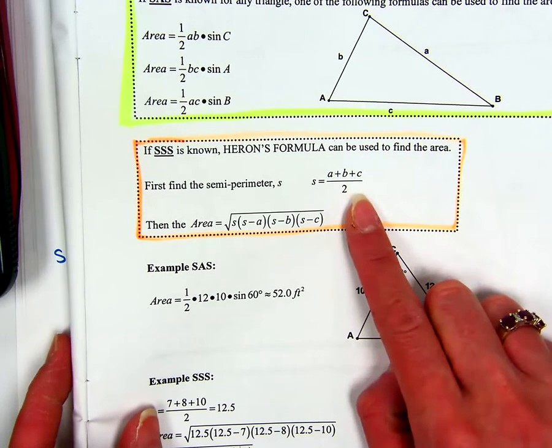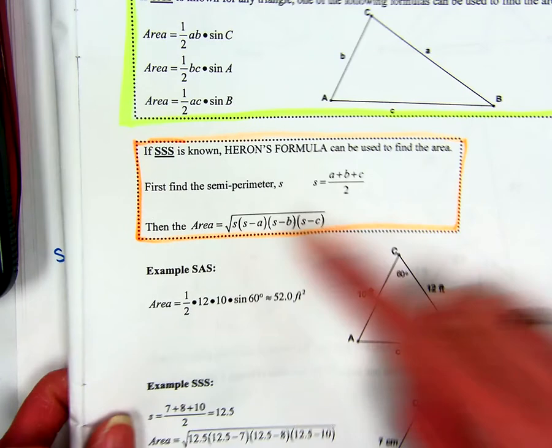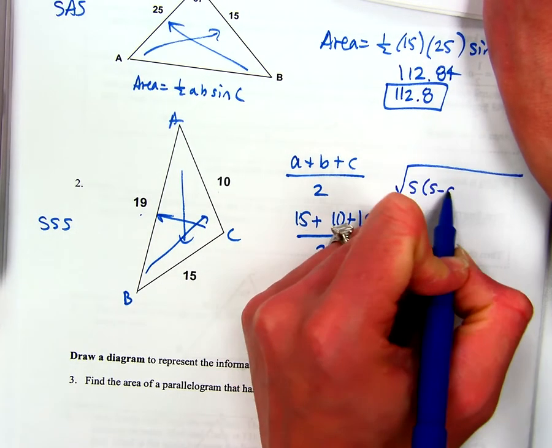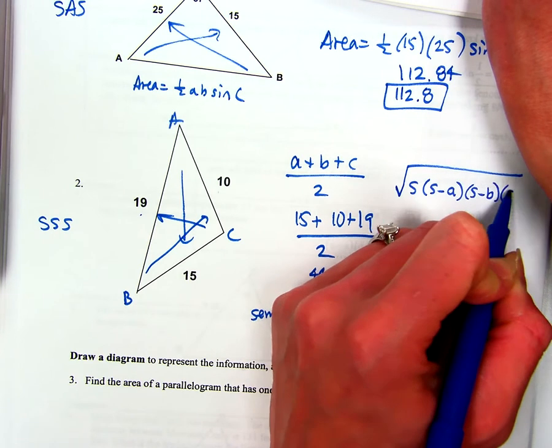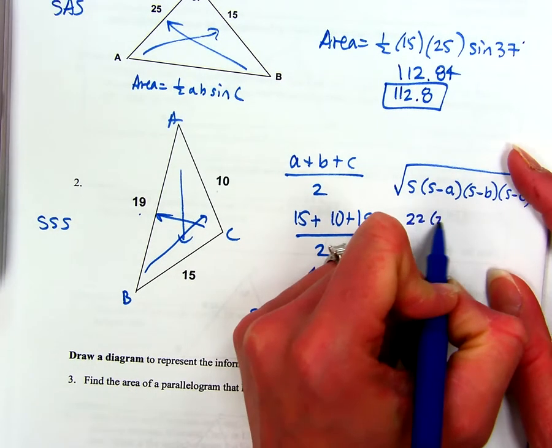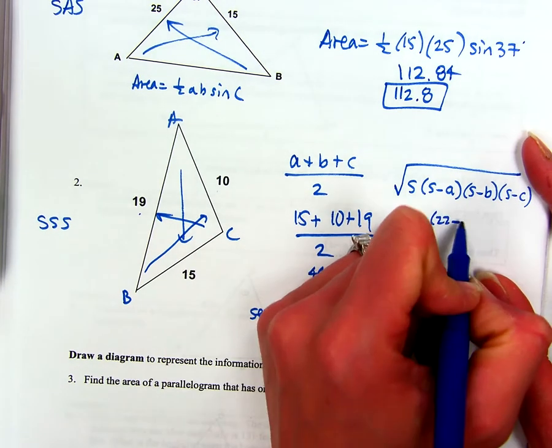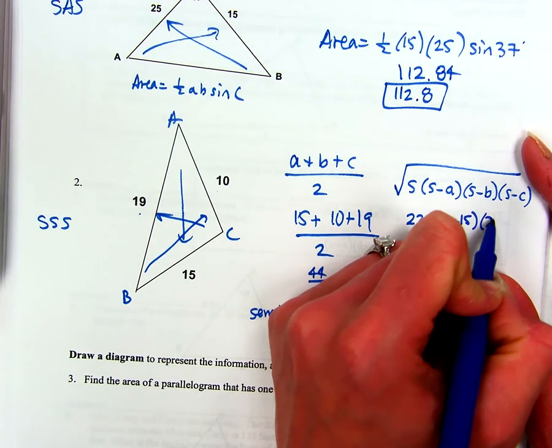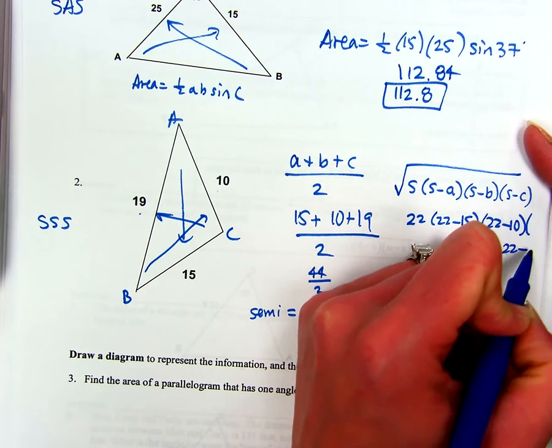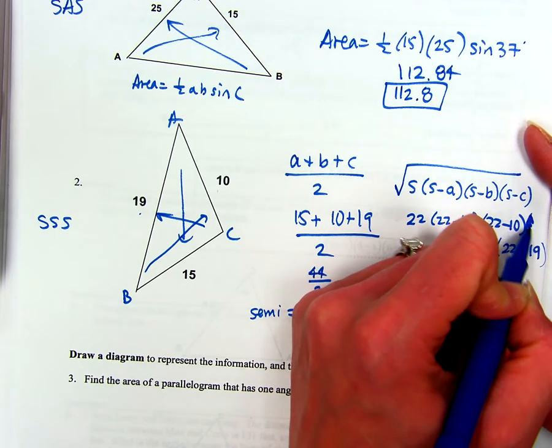All right, so now that's the first part of the formula. Once you have the semi-perimeter, you're going to use this formula: the square root of S times S minus A times S minus B times S minus C. S is 22, 22 minus A, which is 15, 22 minus B, which is 10, and 22 minus C, which is 19.